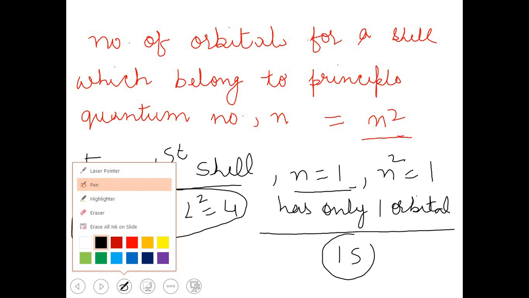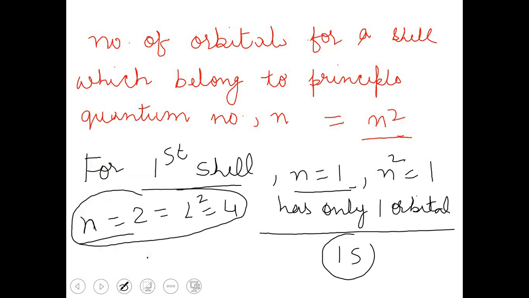The formula is for the number of electrons which can be accommodated in a shell. Just now I told you that for a shell whose principal quantum number is n, the number of orbitals is equal to n square. So how many electrons can be accommodated? As each orbital can accommodate 2 electrons, the number of electrons which can be accommodated in a shell will be equal to 2 n square.